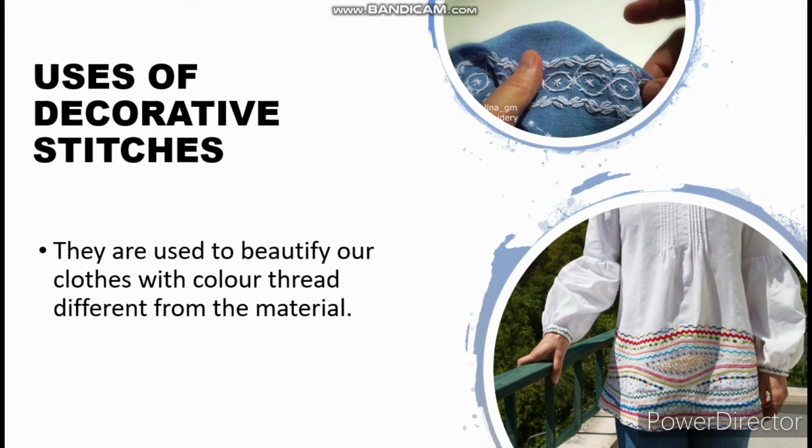But when you are using these decorative stitches, you can use other colors. Now look at the diagram there. You can see how colorful this top is. So decorative stitches are used with different colors to beautify our garments.